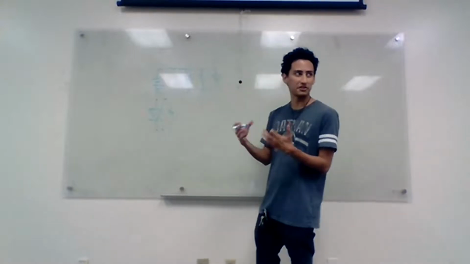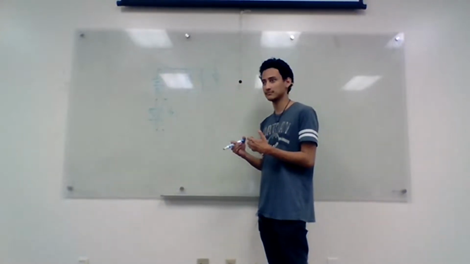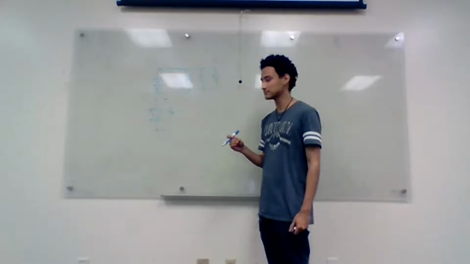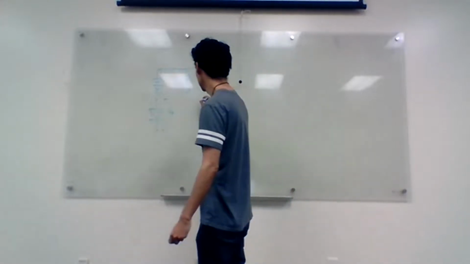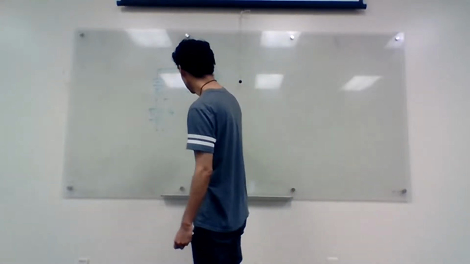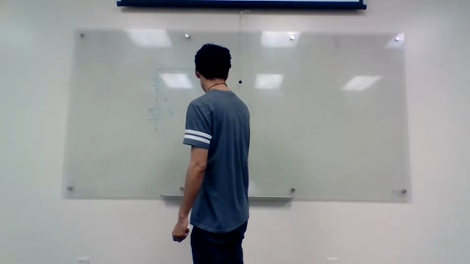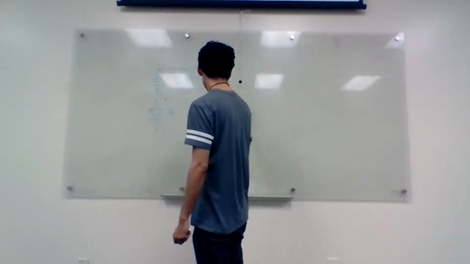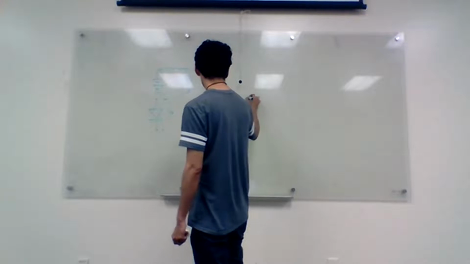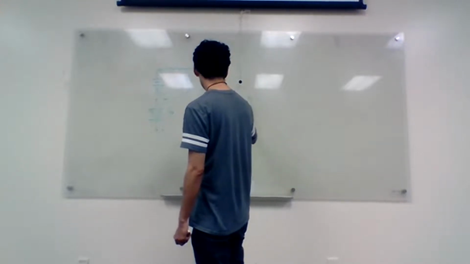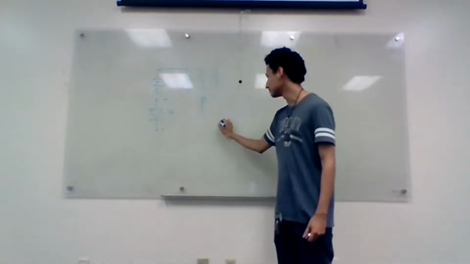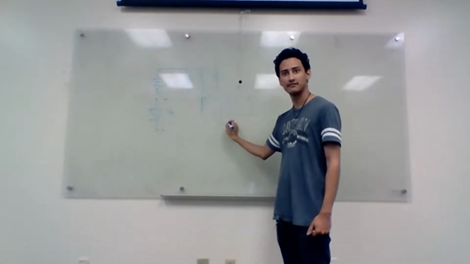Does everyone understand where junction capacitance comes from? Where the junction is, that you have a depletion region here.